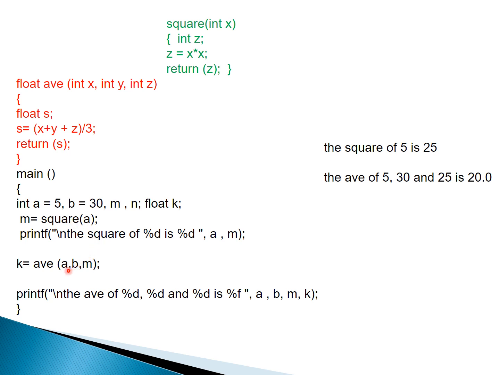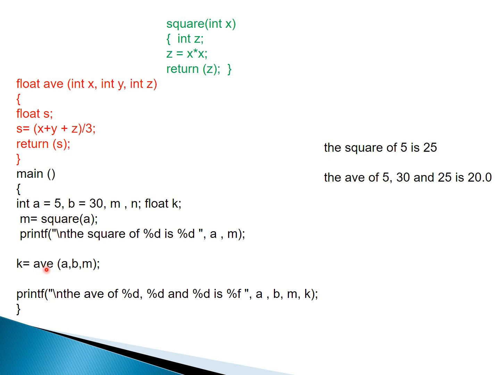So 5, 30, and 25 will be sent to this function, and here we will calculate the average: x plus y plus z, and then divide by 3, so that will be s, and s is returned to the calling function. This is the calling function, this one, and that will be stored on k. So in other words, we are receiving whatever this function sends back.